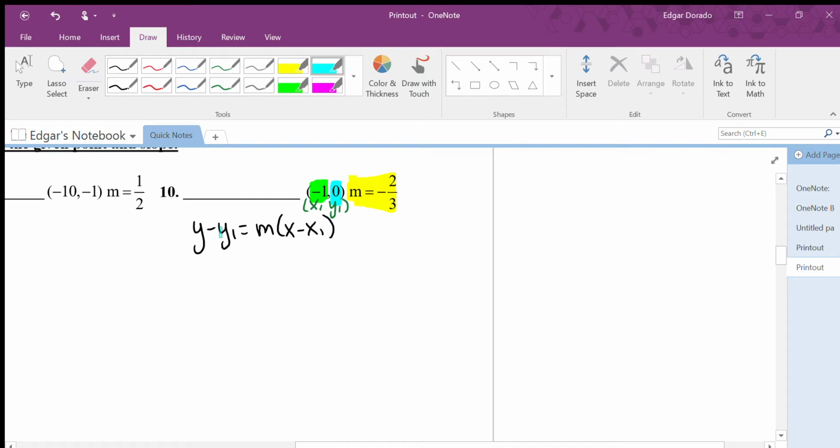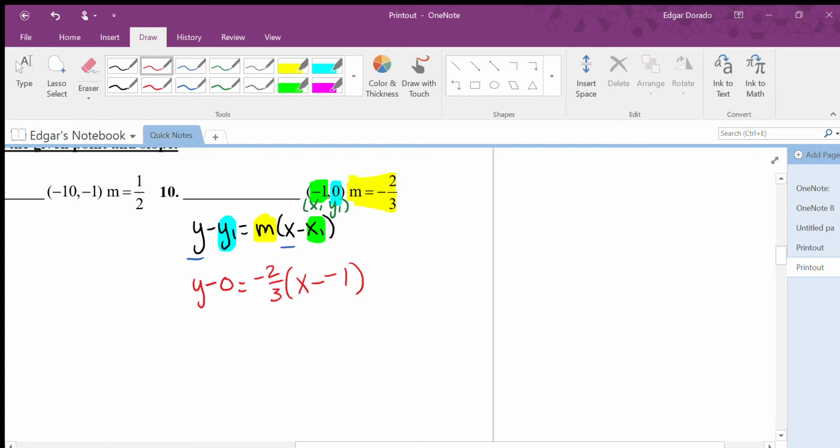So I'm going to go ahead and plug those values in here, and in here. Notice my y and my x, these two values right here, are just going to stay as y and x. Let's do it. So this is y minus my y1, which is 0, equals m, which is negative 2/3, and then this is x minus my x1, which is negative 1.